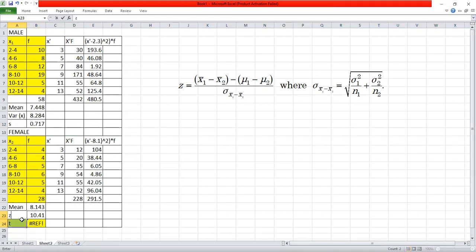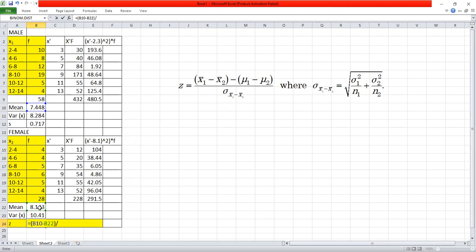Z is equal to, we know what it's equal to. You substitute here, bracket, X bar 1. Where is X bar 1? X bar 1 is this one, that's the mean there. Minus X bar 2, which is this one here.